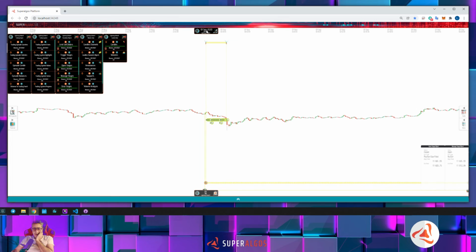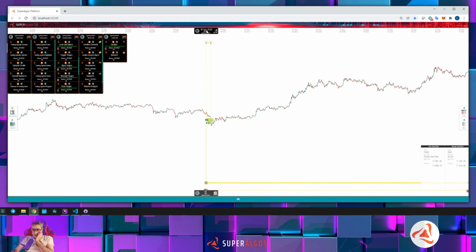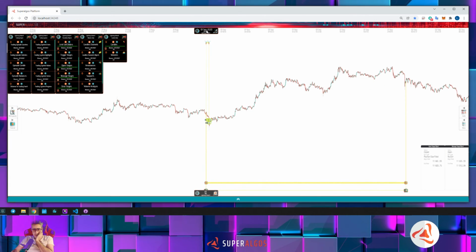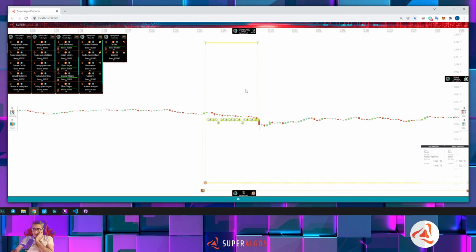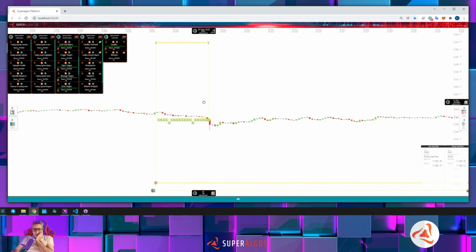So it seems that there is no close stage, and it continues inside the manage stage. Okay, beautiful. Yeah, it didn't work 100%.